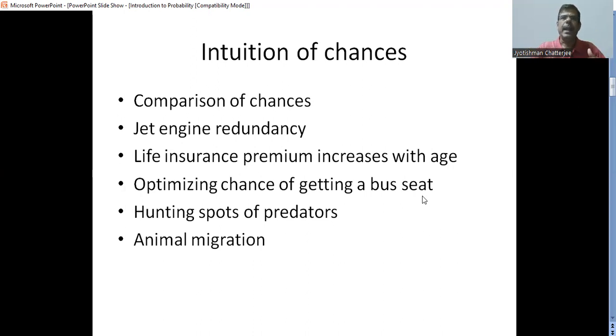Along with that, another purpose that it served was building redundancy, meaning even if 1 or 2 jet engines fail during the flight, still it will be able to reach the destination with the remaining functioning ones.